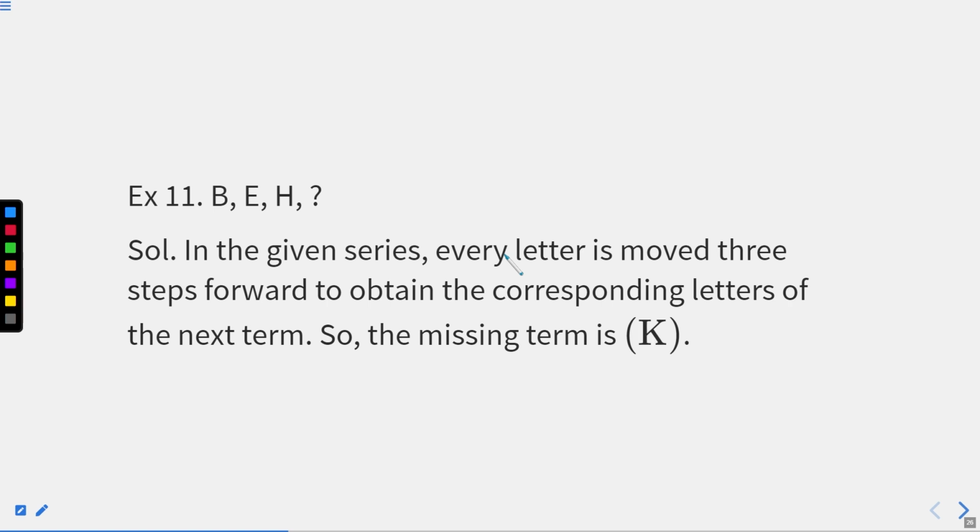First, in this question, we need to look at B, E, H. So what is the place value of B? We recently discussed it. I'm going to write it here. The place value of B is 2. The place value of E is 5. And the place value of H is 8. Now check. 2 and 5 make a difference of plus 3. 5 and 8 make a difference of plus 3 again.